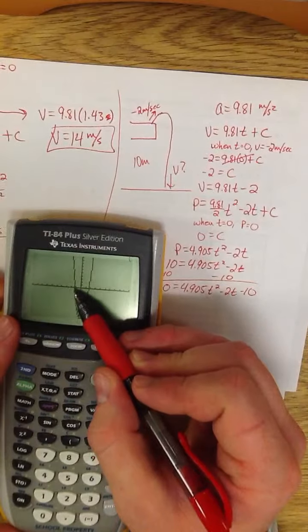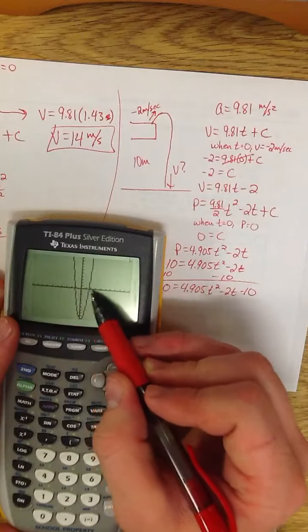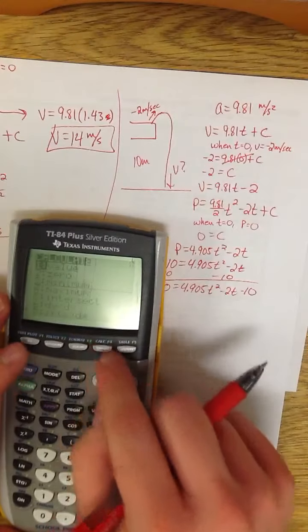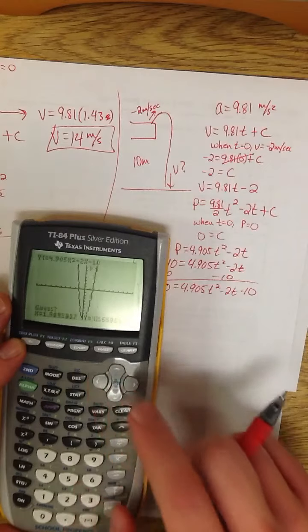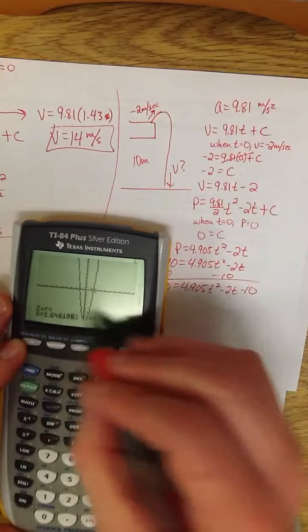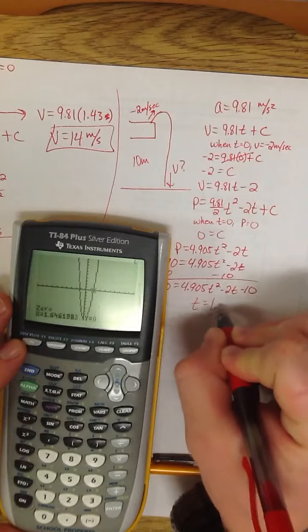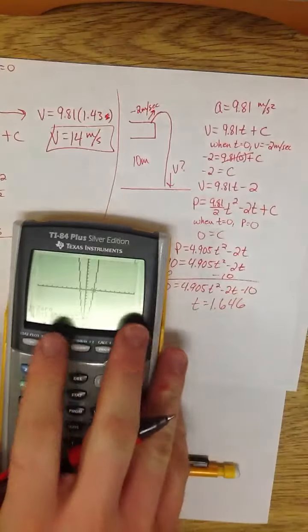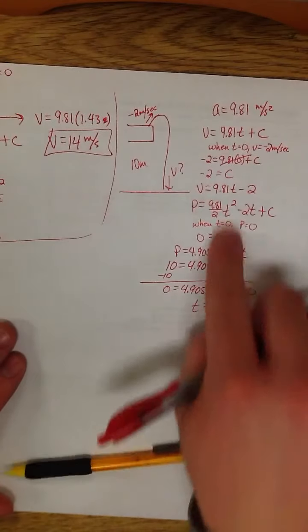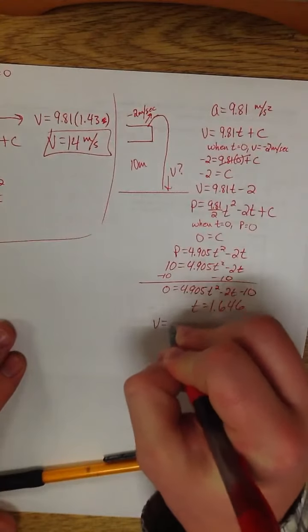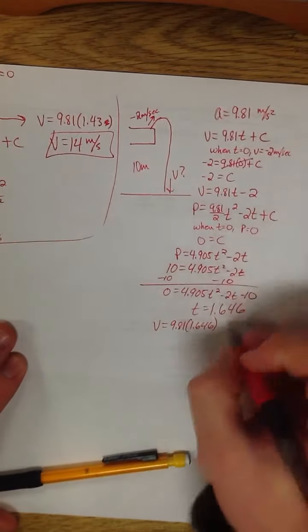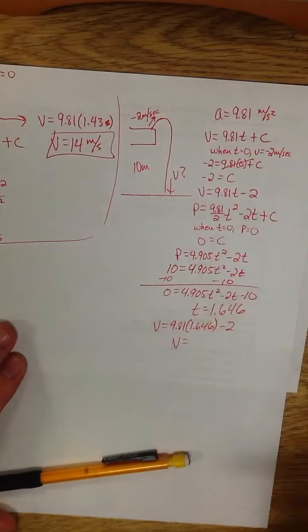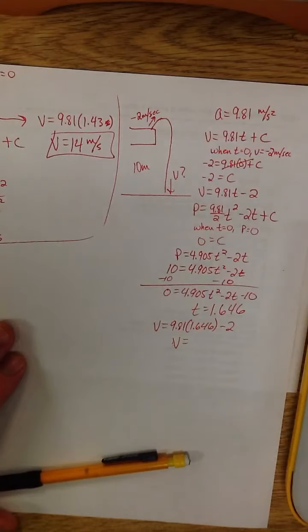We don't care about the negative value of t, because we're not going back in time. All we care about is the positive value of t, so if I do calc zero, left bound, right bound, guess, hey, there it is, t equals 1.646. So now same thing, take that t, plug it back into my velocity equation, so v equals 9.81 times 1.646 minus 2, and if you do that, you should get, I think it's like 14 point something.